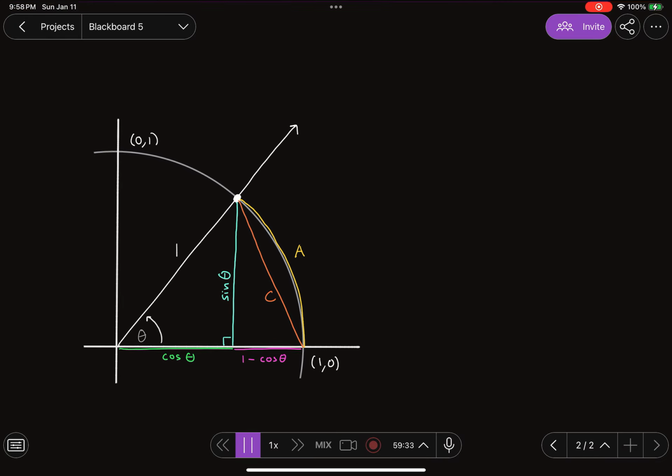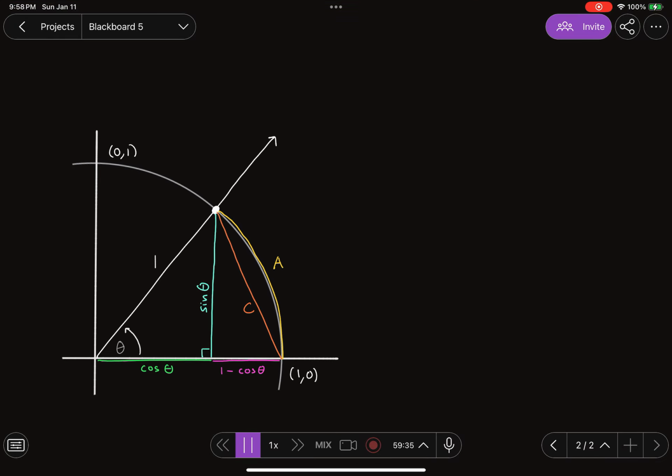Notice that A is to the entire... Oh, shoot, I can't use C. L, of course. A is to the entire way around the circle.